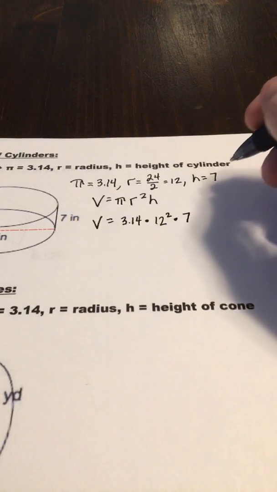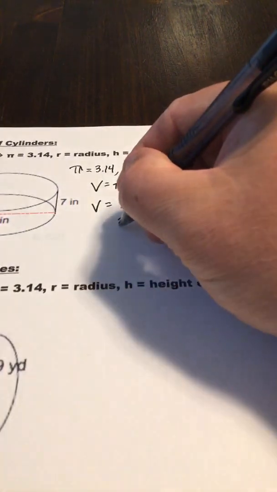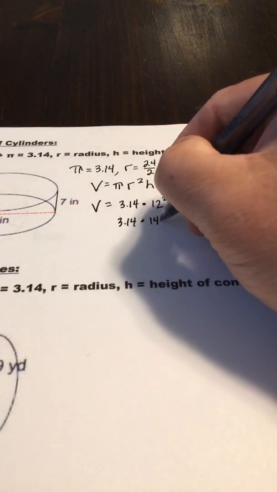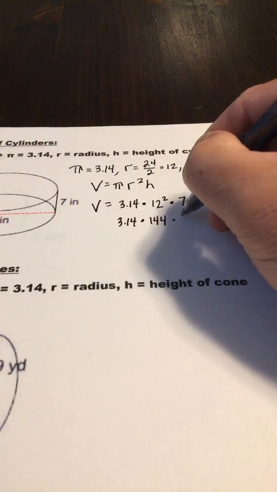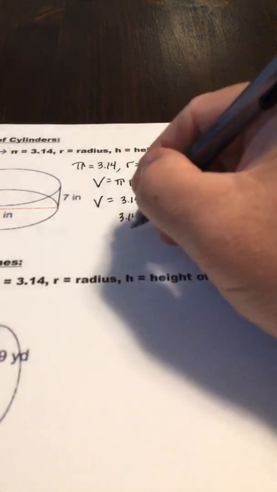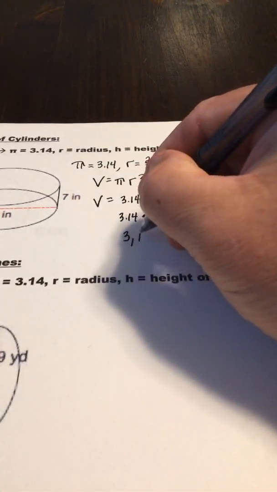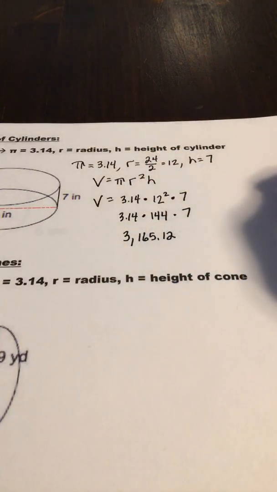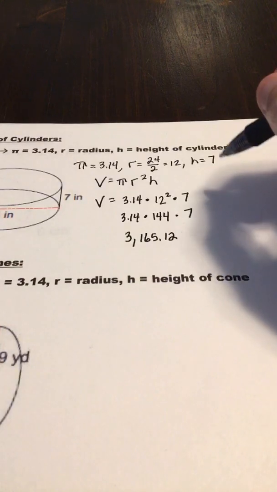Now we're going to go 3.14 times 12 squared, which is 144, times 7. We multiply those three numbers out, and we get 3,165.12.